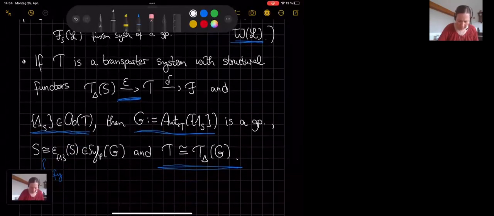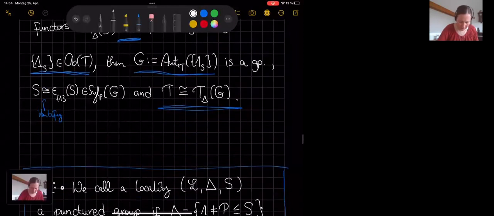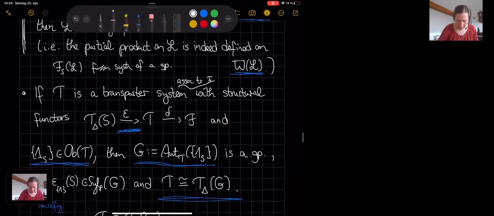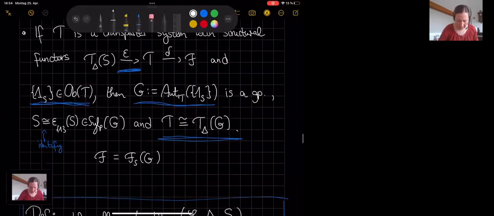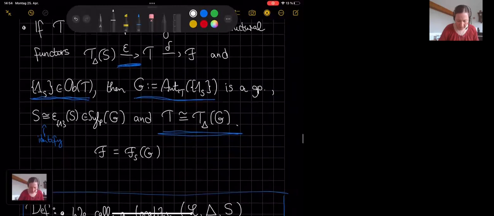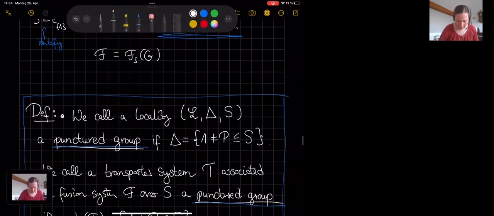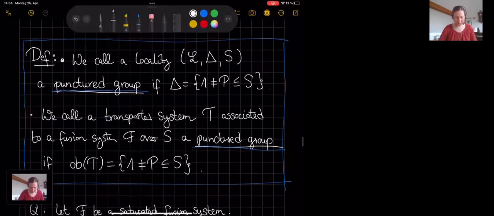And if T is now a transporter system associated to F, then also F would be basically F_S of G if I identify S as a subgroup of G. So that the identity is an object means basically that the fusion system comes from a group. But punctured groups could also exist for exotic fusion systems.